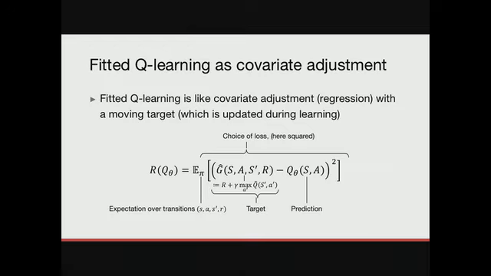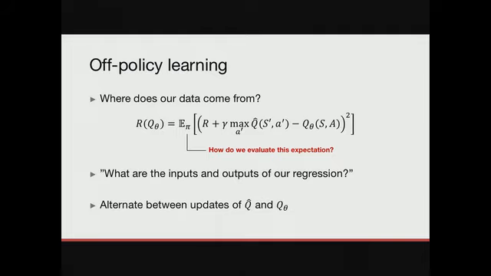The transitions I have to get from somewhere, right? And another way to say that is, what are the inputs and the outputs of our regression? Because when we estimate potential outcomes, we have a very clear idea of this. We know that Y, the outcome itself, is the target, and the input is the covariates X.